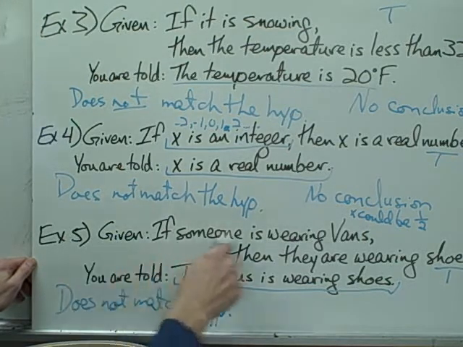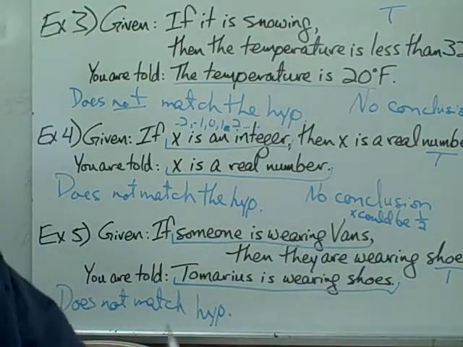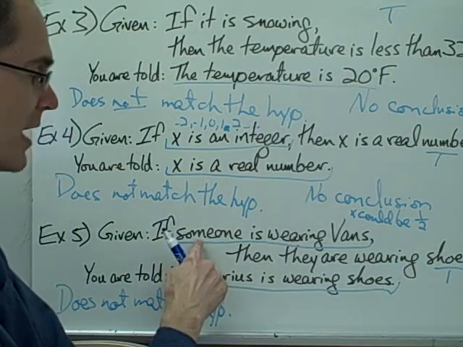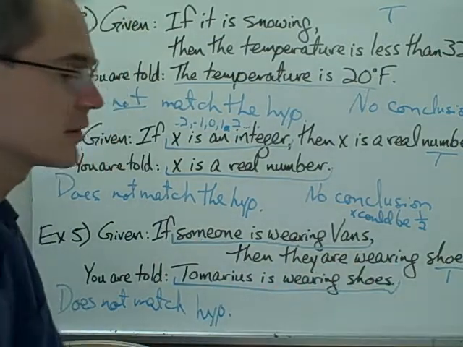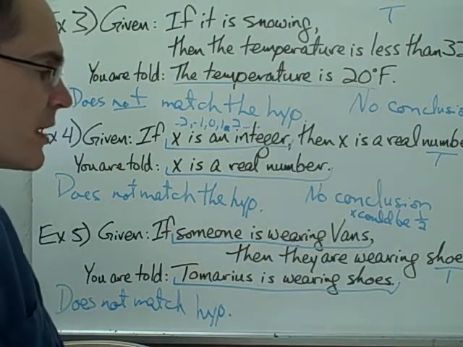The hypothesis of my given conditional is someone is wearing Vans. This statement here, Tamarius is wearing shoes, does not match my hypothesis. In fact, it matches my conclusion. So I can't draw any conclusion based on the fact that Tamarius is wearing shoes.